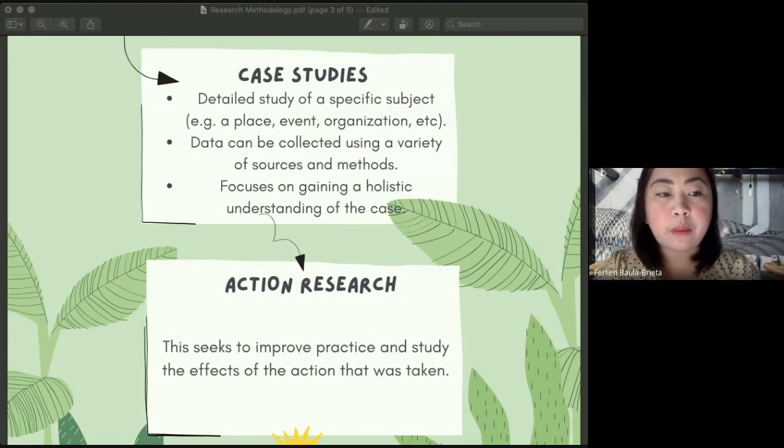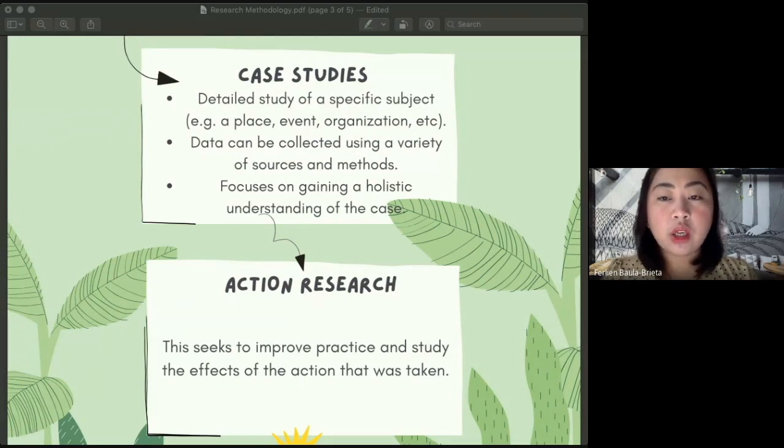For example, you want to understand the experience of people living with HIV. That is a sensitive topic. You cannot understand the experience using questionnaires. You have to apply qualitative research design. And these patients are hiding from the community because of the stigma.